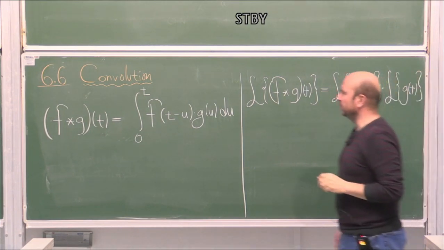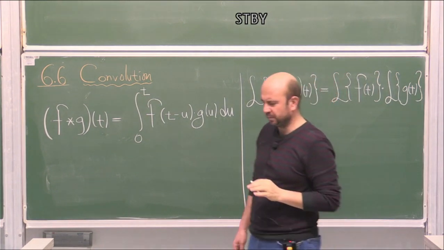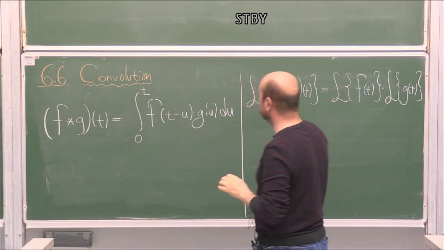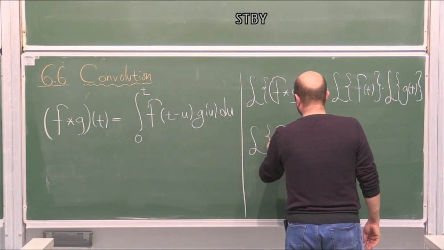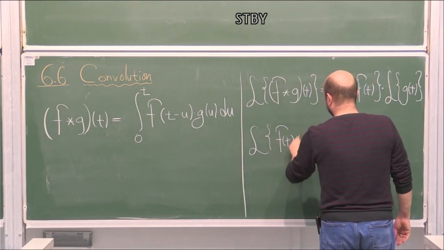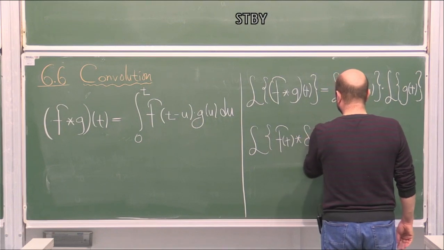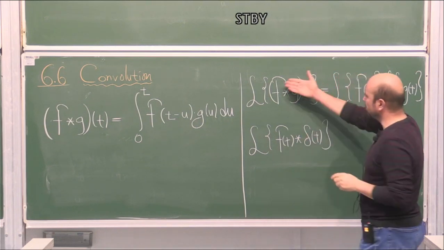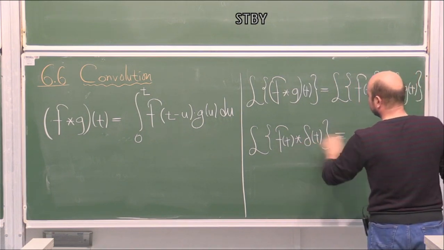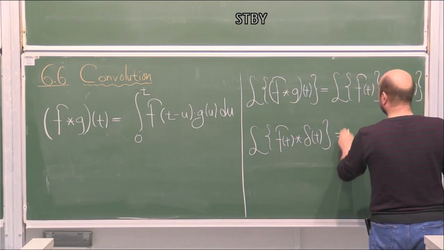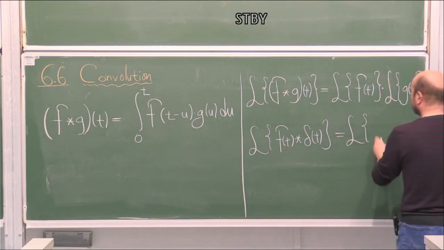And furthermore, we learned that if you convolve anything with the delta function, you can use this notation or this notation, they are both fine, but not any delta function, delta at 0, then it's the same as the function itself.